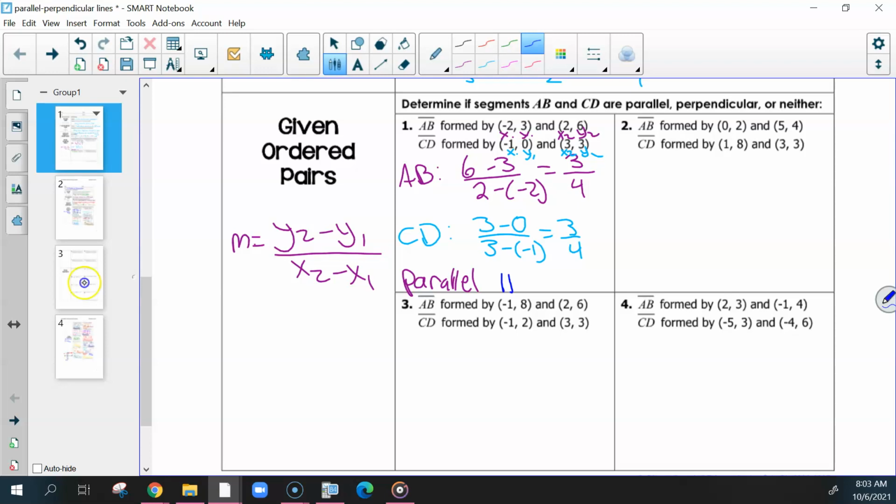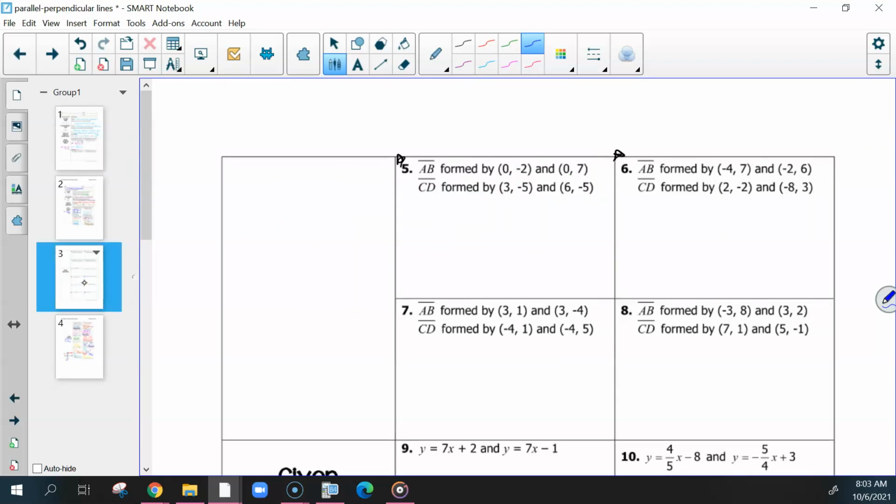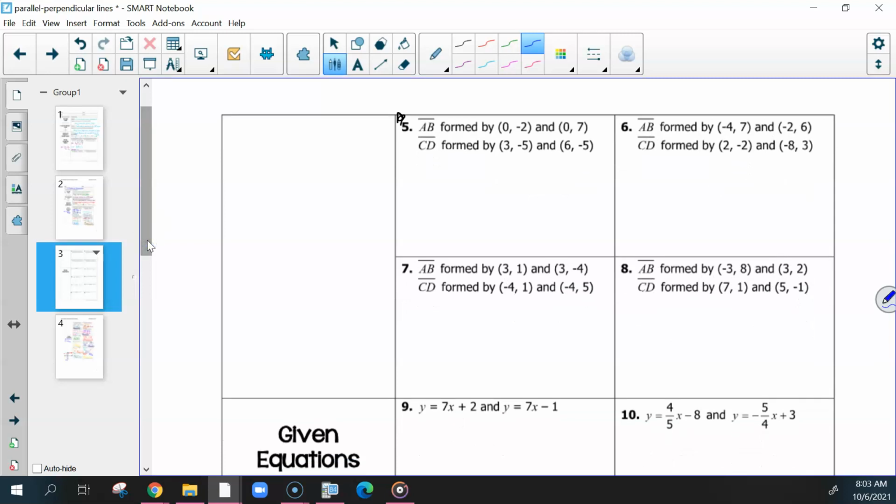Let's go on to 5. And do the same thing.